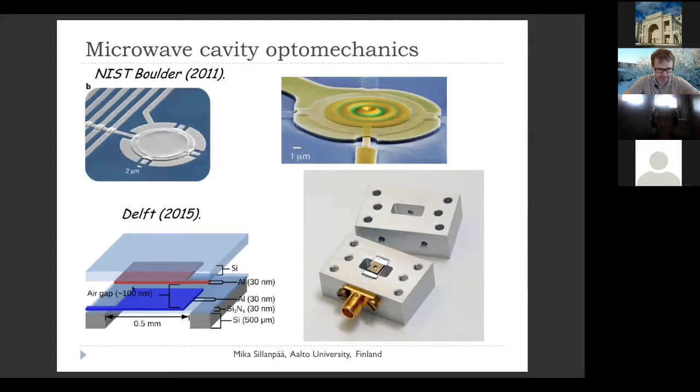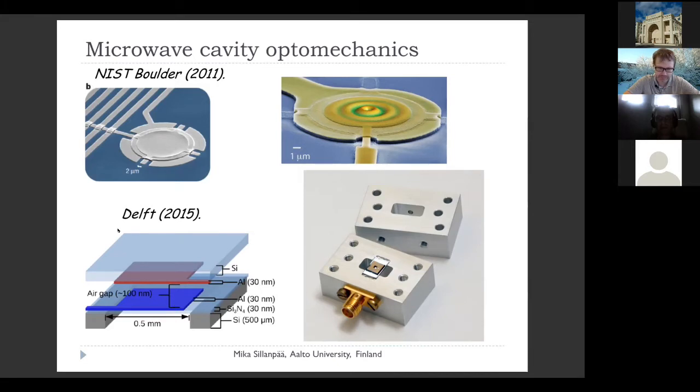Often the natural choice is silicon nitride. That's the very standard material. So it's this one, and then there's some metallization, which will be an antenna. So it will extend here, this blue one to the left, and then on another chip there's also an antenna extending to the right. And these antennas allow to couple these vibrations to the 3D cavity.